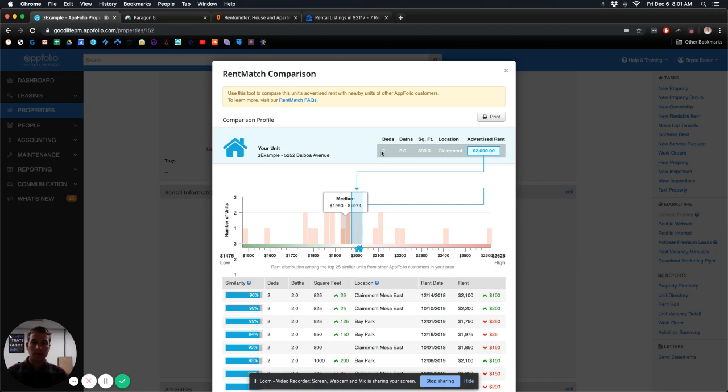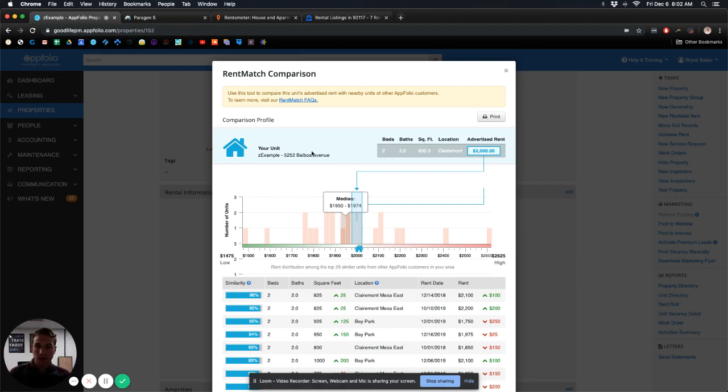A lot of people look on something like Zillow or the MLS and look at properties that are actively being marketed, which is a big mistake because we don't know what these properties are actually going to end up renting for. They could sit there for 30 days, 60 days before they're rented at that rental rate. So you want to find the sweet spot between maximizing the rental income and minimizing the vacancy.